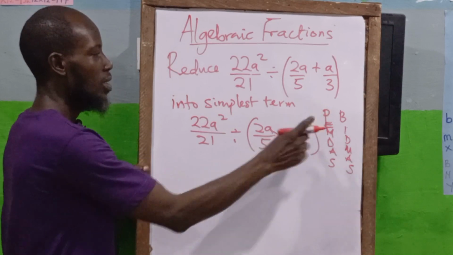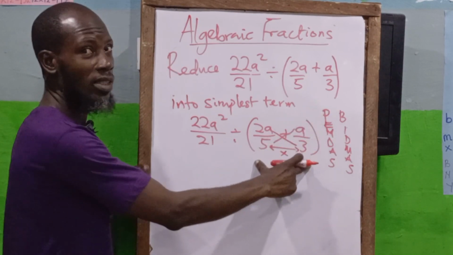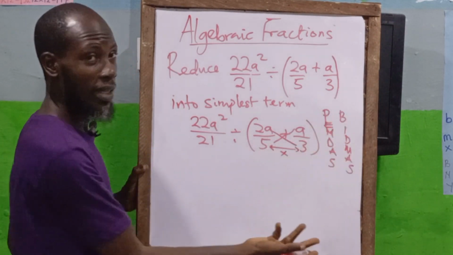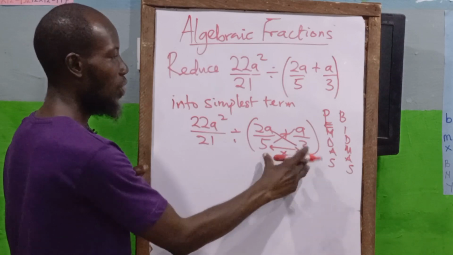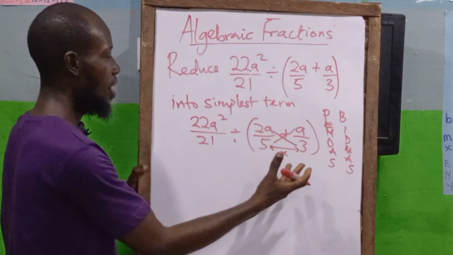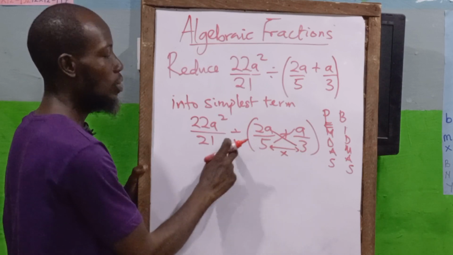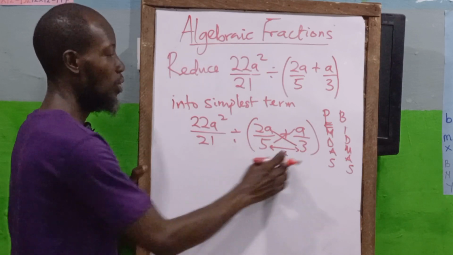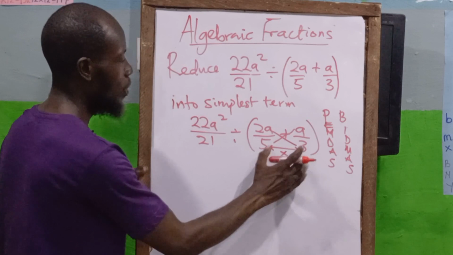The P is parenthesis or brackets. So we first solve what is in the bracket before we jump on to the division. That is why we are going to start with this.